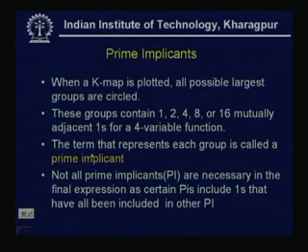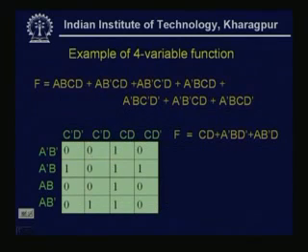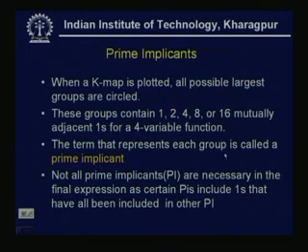So, just now in the example we have seen, these are the prime implicants, because for this quad C D is the reduced minterm, then for one couple A bar B D bar is the reduced minterm, and for another couple this is the minterm. So, these 3 terms represent each group, 2 couples and 1 quad. So, they are called the prime implicants.